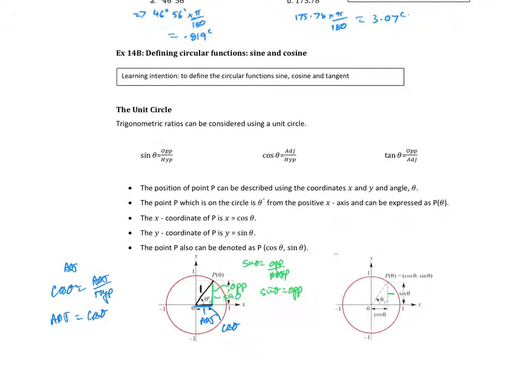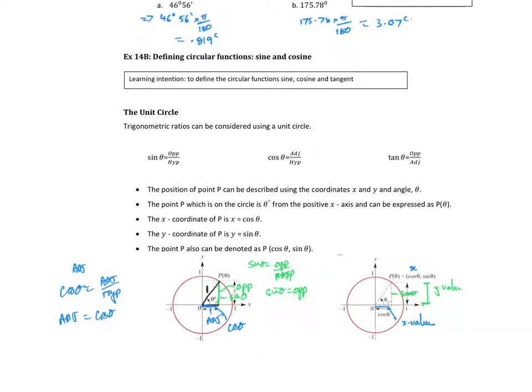So this length is sine theta, which is this height here, which is my y value, isn't it? And this length here is cos theta, which is my x value. So what cos theta measures is the position of the x coordinate on my unit circle.